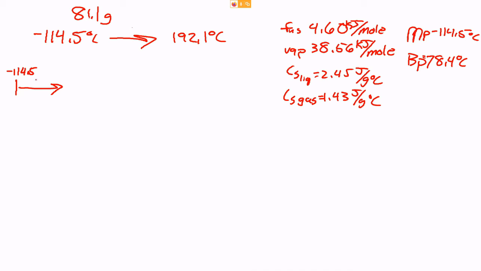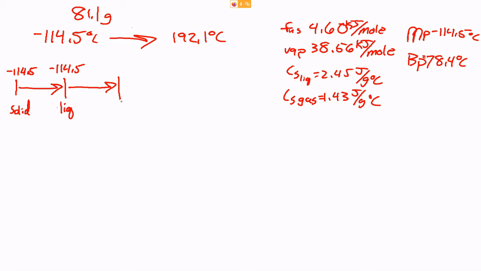When we do that, it's still at negative 114.5 degrees, but now it is liquid. So it was a solid before, and it takes a certain amount of energy to liquefy that sample.